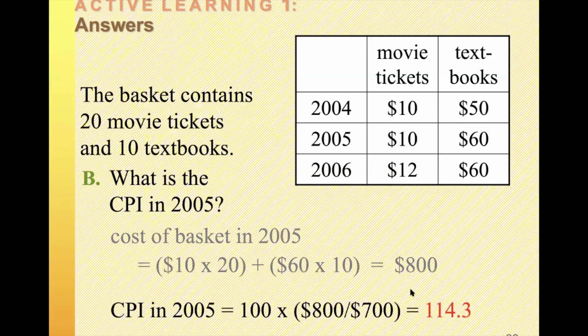So to calculate the CPI, we need the cost of the basket in 2005, which is 800. And we need to use the answer from the first question, which is the cost of living in the base year, right? So we just divide 800 by 700 multiplied by 100, and we get 114. So if we want to compare the inflation in the second year, like 2005, what is the inflation rate?